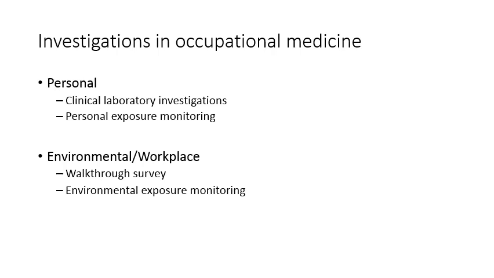In occupational medicine practice, we can divide investigations into two types, which are, first, the investigations related to the person, and second, the investigations related to the workplace. Personal investigations include usual clinical laboratory or image investigations such as blood tests and X-rays, and personal exposure monitoring such as noise exposure monitoring and so on.